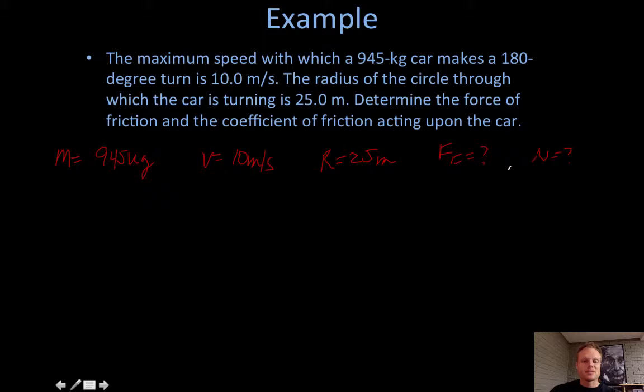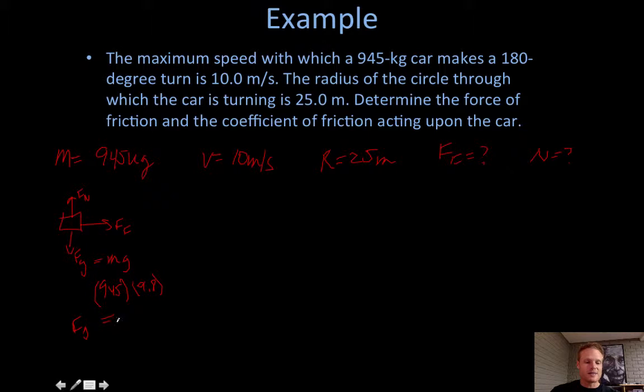So the first thing we probably would need to do is draw a free body diagram of this car. So I'm going to do that. All right, so we have the normal force, we have the force of gravity, and we have the force of friction. Let's first figure out what the force of gravity is. Remember, to figure out the force of gravity, I'm going to take m times g, mass times the acceleration due to gravity. So the mass is 945 kilograms times the acceleration due to gravity, which is 9.8.